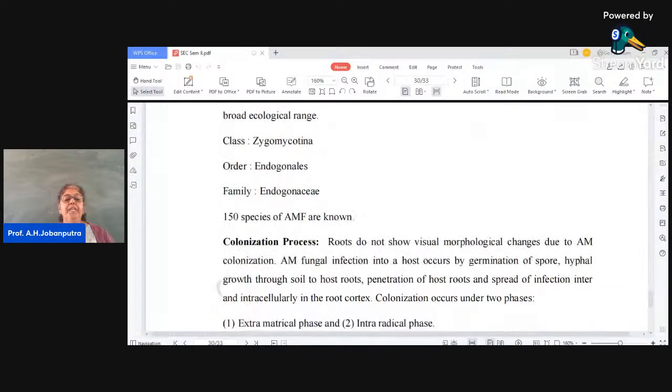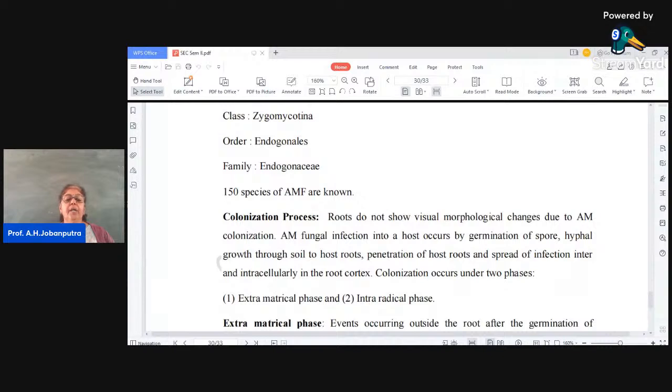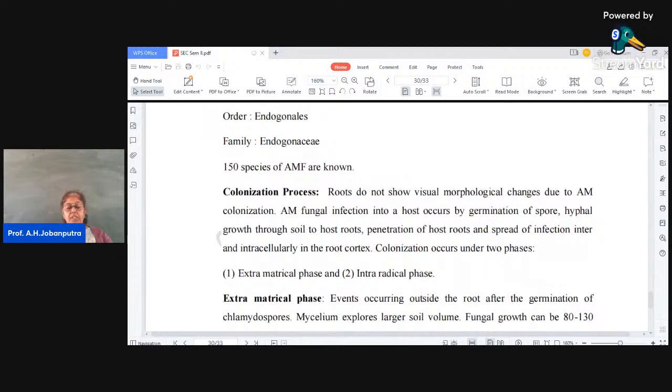There are 150 species of Arbuscular Mycorrhiza fungus, and they germinate, they form spores, they form hyphae also. These hyphae can penetrate the roots of the host and they spread throughout the intercellular as well as intracellular spaces of the cortical cells.